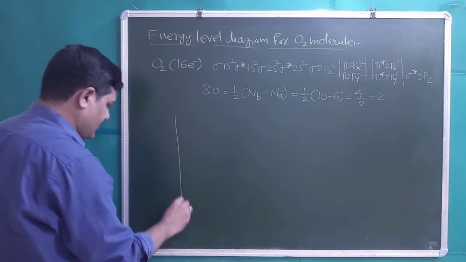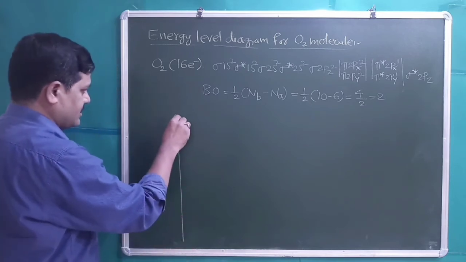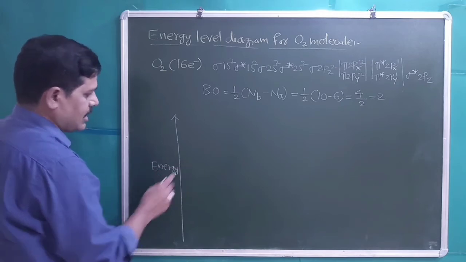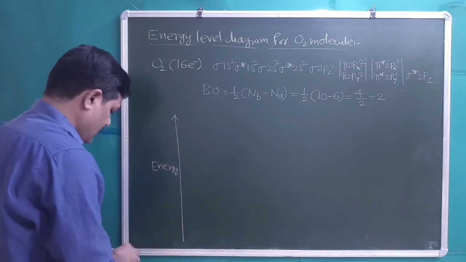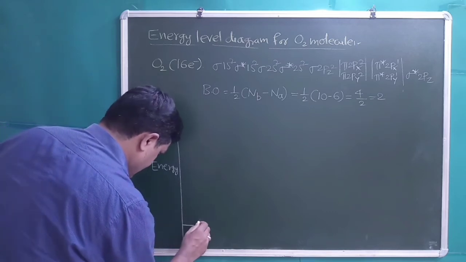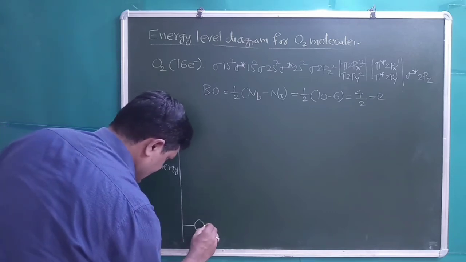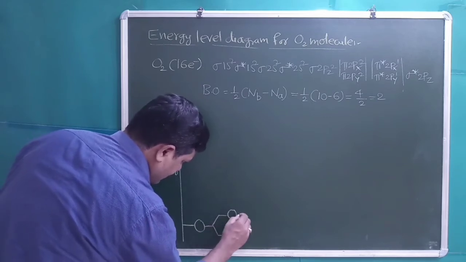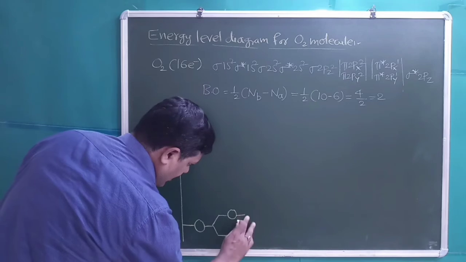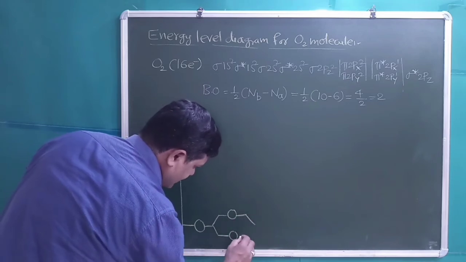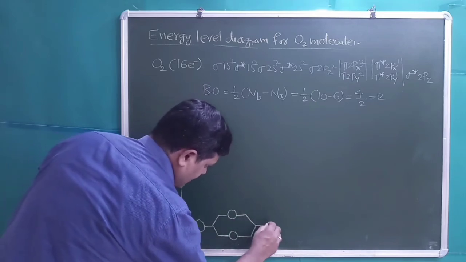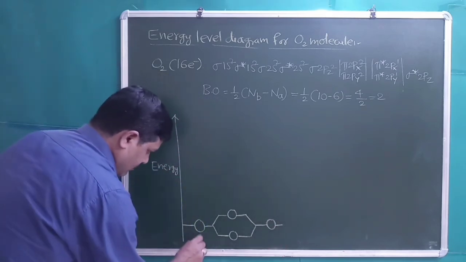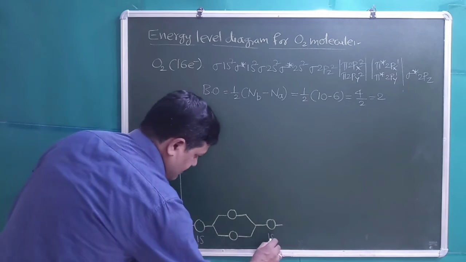Energy level diagram for the O2 molecule we can draw like this. This is an increasing order of energy; from bottom to top, energy increases. The 1s orbital of one oxygen atom combines with the 1s orbital of another oxygen, which gives two molecular orbitals, in which one is a bonding molecular orbital and the other is an anti-bonding molecular orbital.